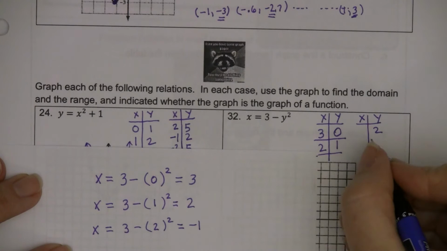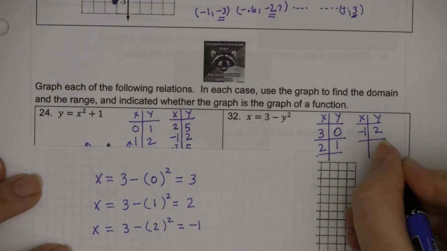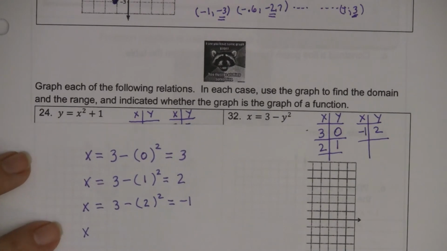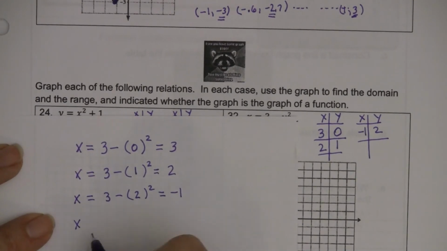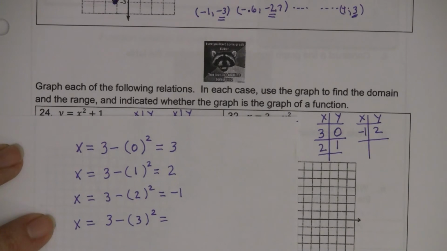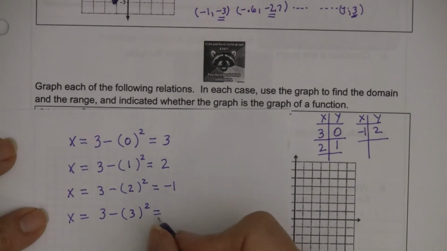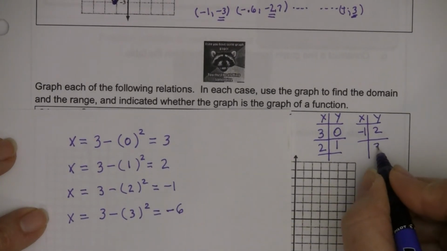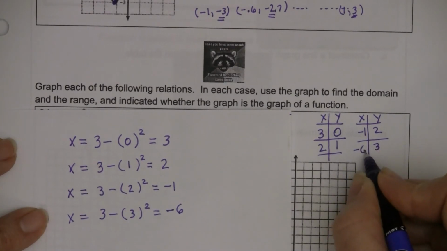And it's okay to use your calculator if you need to. And then I'm going to choose y is 3. I'm not choosing any x's because it would be difficult. So when I choose 3, 3 squared is 9, 3 times 3. 3 take away 9, which is negative 6. So I chose y to be 3, and I got negative 6.